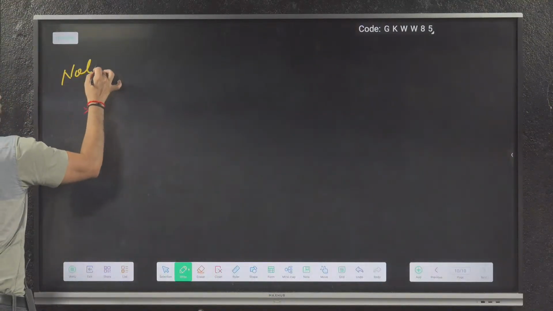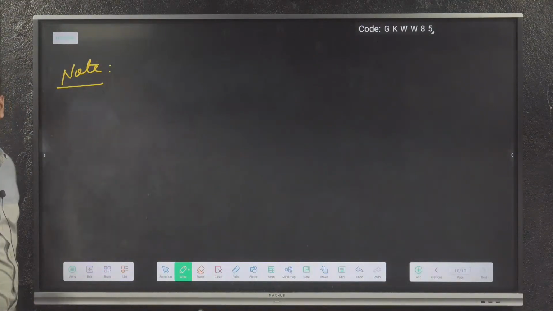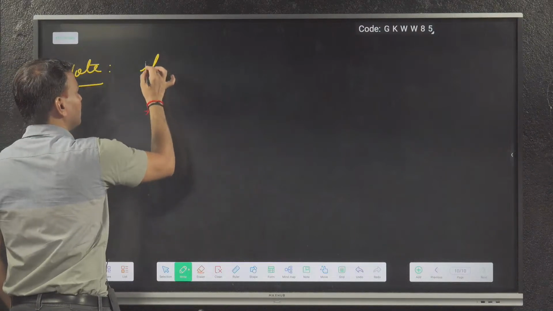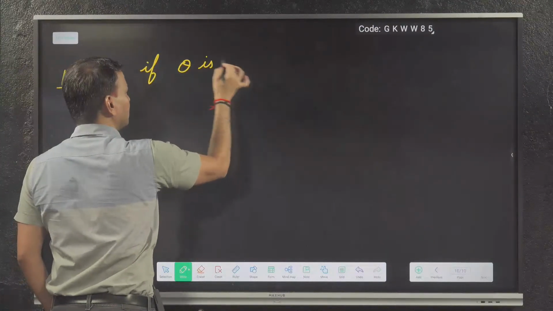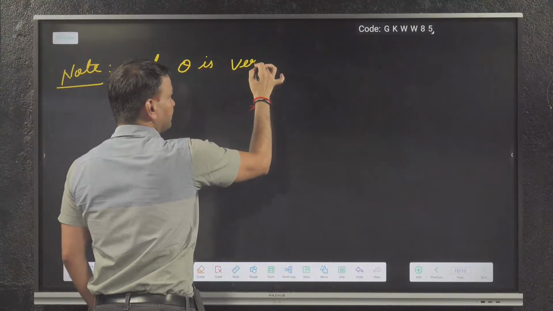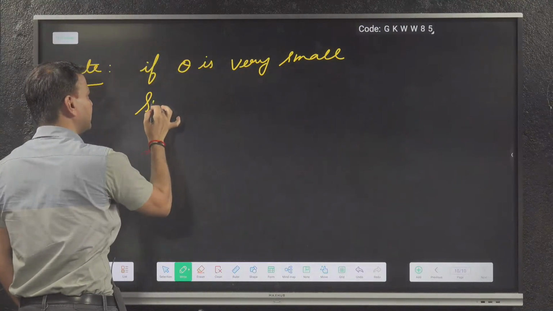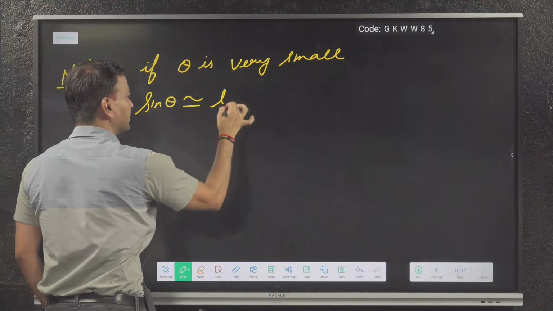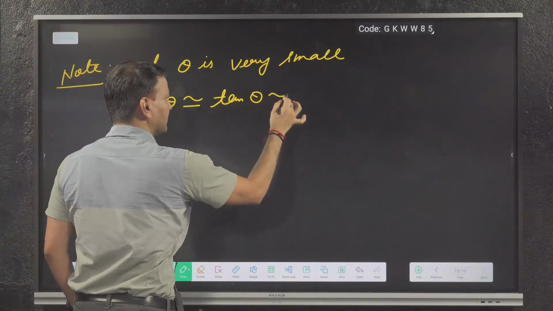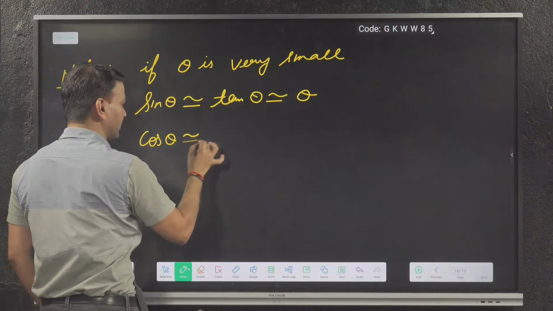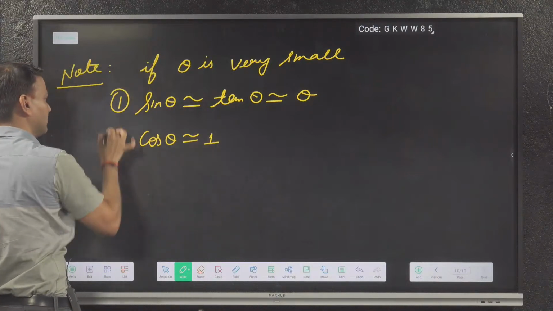Now one note that you have to remember: we are using this approximation. If theta is small, then sine theta can be written as tan theta, which can be written as theta, and cos theta can be taken as 1.